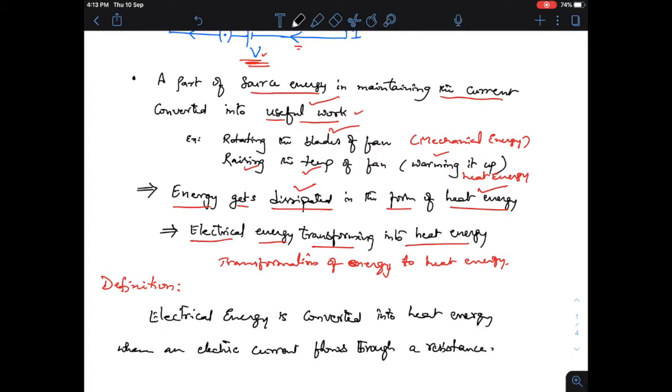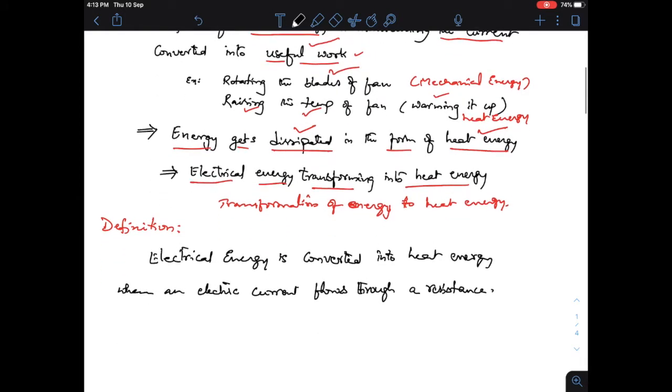So, basically when you compare the friction in mechanics, the role of resistance in an electric circuit is similar to friction in mechanics.